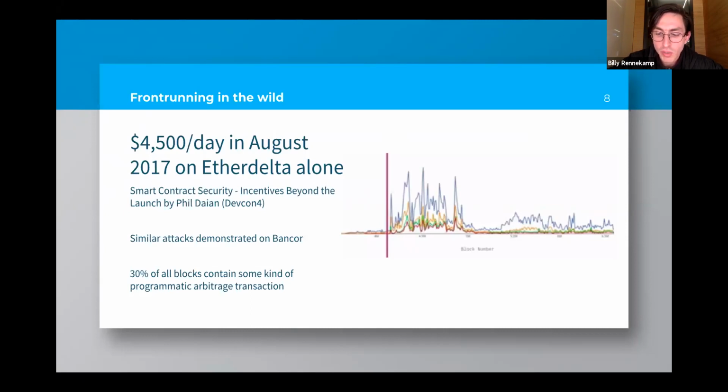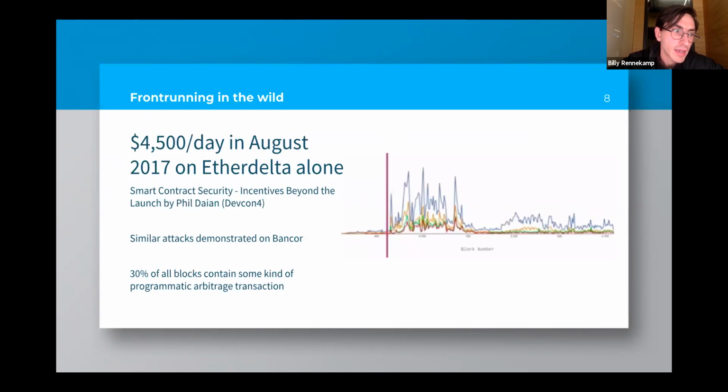There's been some research about one solution called Submarine Transactions, which involves a pretty complicated commit-reveal scheme with an unknown contract. It's not a great user experience. There are a couple of prevention techniques put in place on, say, Bancor or on Uniswap, who similarly suffer from this problem.